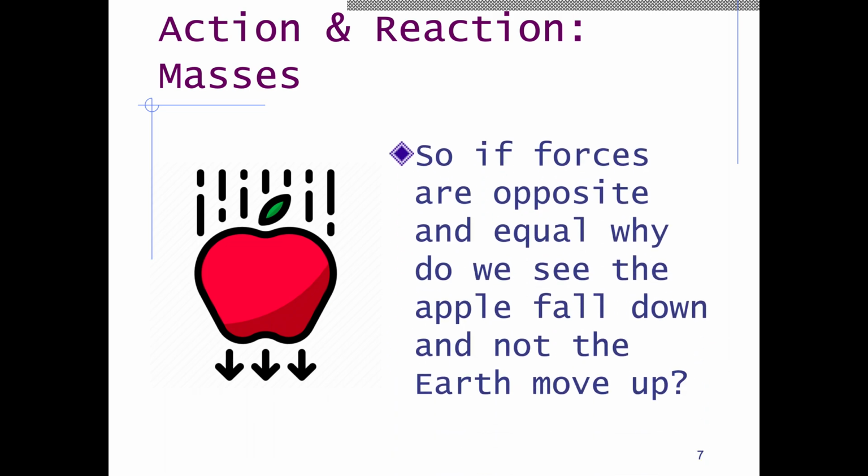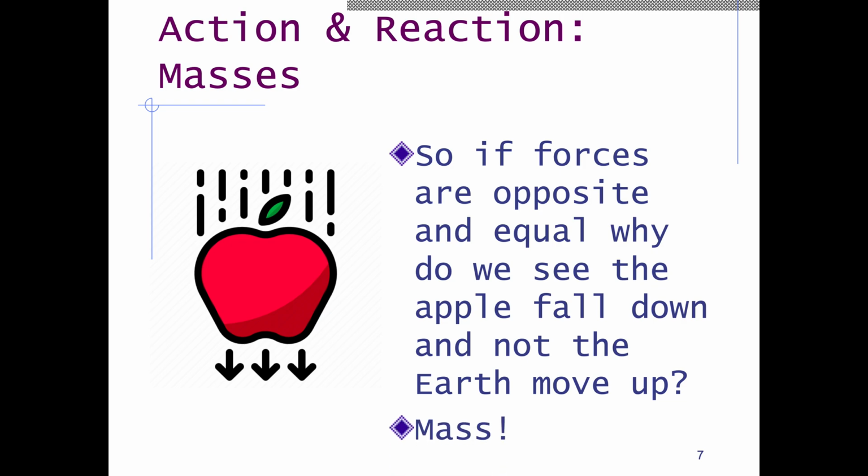So here's something to think about. If the forces are opposite and equal, why do we see the apple fall? Why don't we see the earth move up? If we're talking equality, and just the direction that either the pull or the push changes, why is that? Hopefully you can think back to that little bug example and the car windshield that I gave you, and you know that it has to do with the mass.